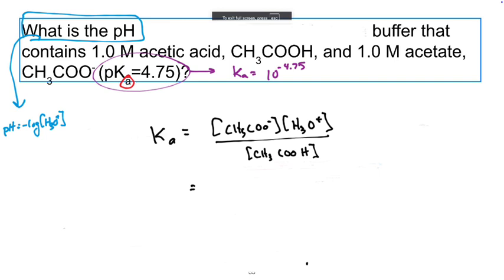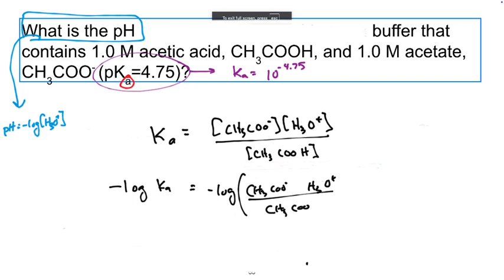Let's take the negative log of both sides of the expression. Does anybody know some log simplifications? If it's over and under, subtract it. So if it's under, we can subtract.